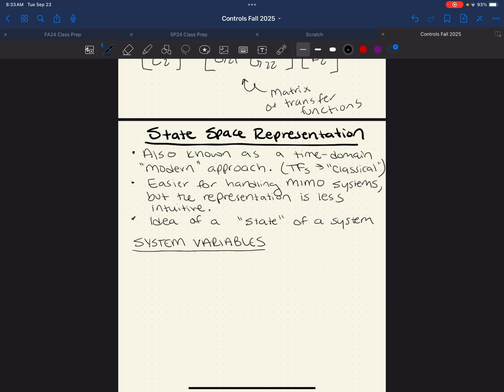System variables are any variable that may change with time in response to an input or an initial condition.